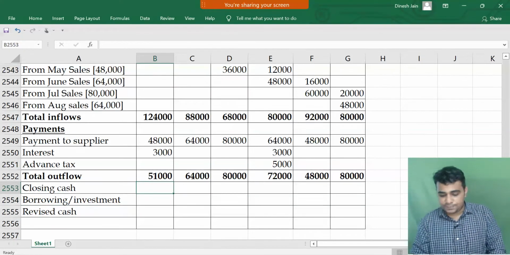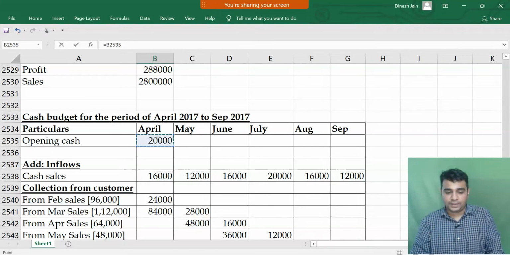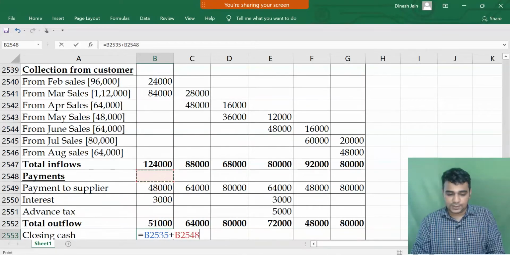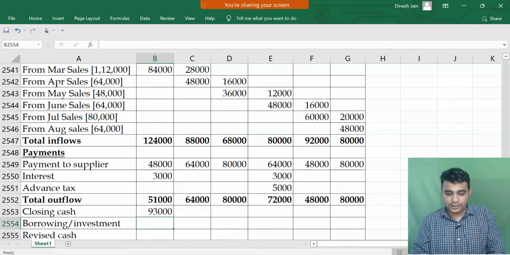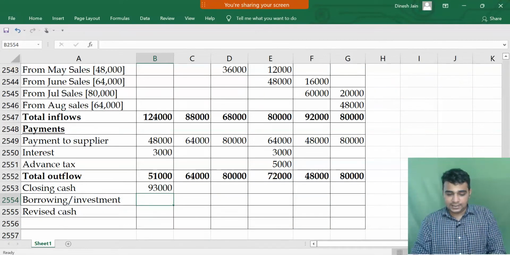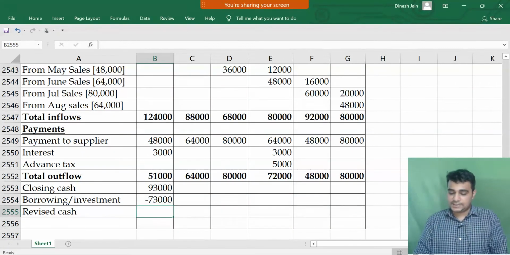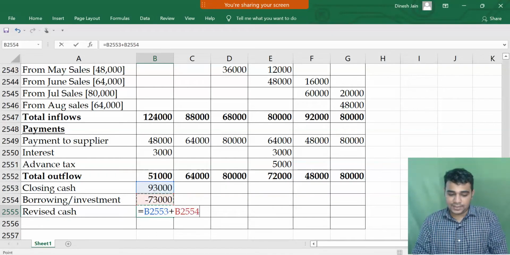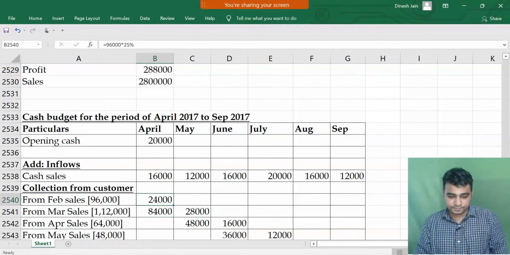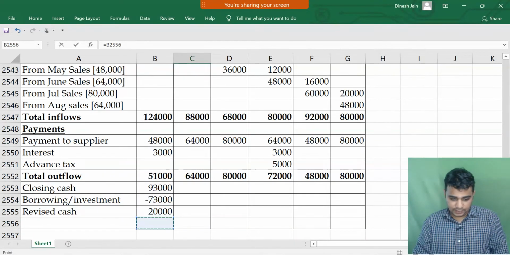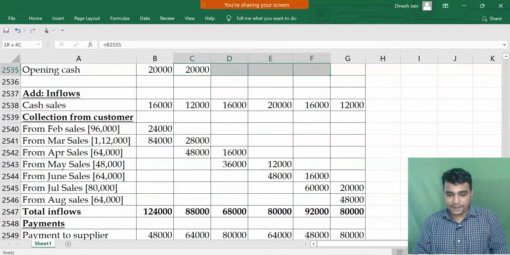I may get a cash balance which is more than 20,000, but I don't want to maintain more than 20. The rule is very clear. If you have more than 20, 93,000, I'll create a deposit of 73,000. I'll have a cash of 20. Next year it is 20 opening balance.